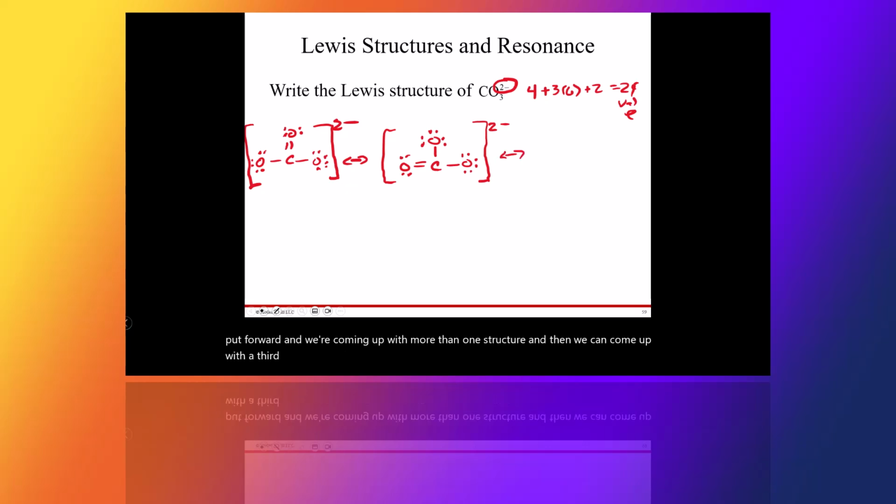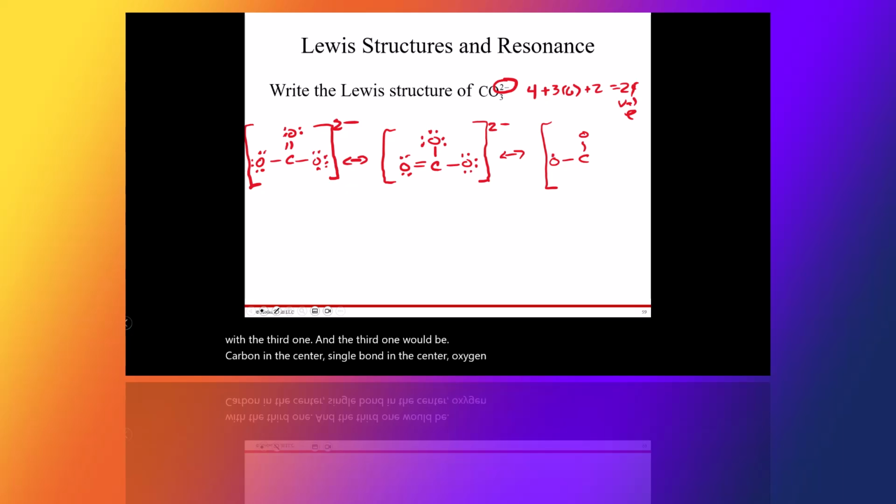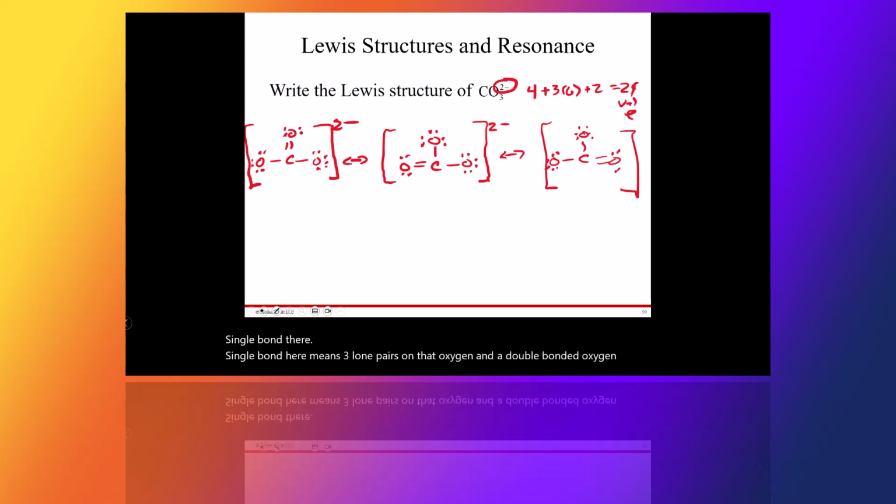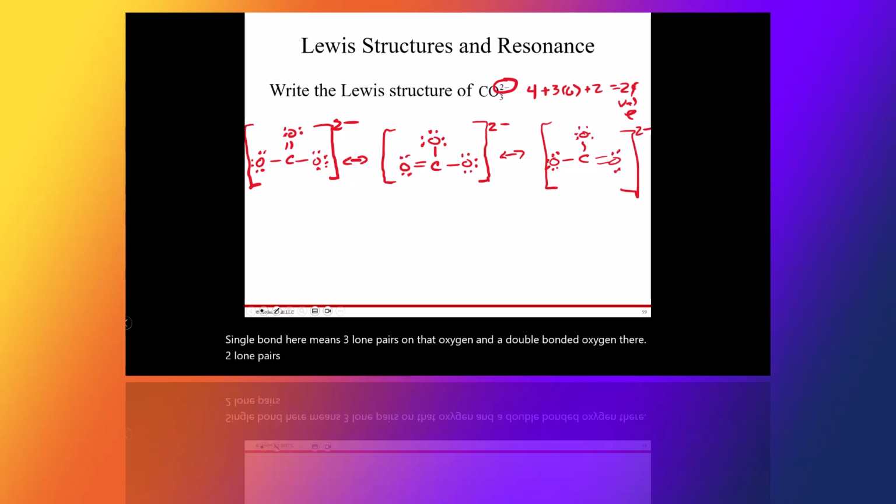And the third one would be carbon in the center, single bond in the center oxygen, single bond on the left, single bond there, single bond here means 3 lone pairs on that oxygen, then a double bonded oxygen there with 2 lone pairs, and that would be -2 charge.